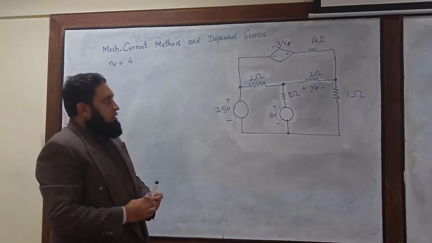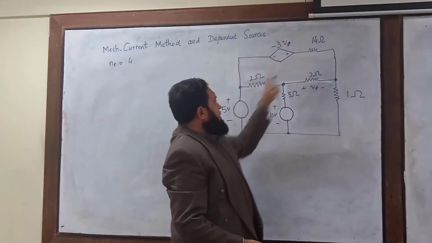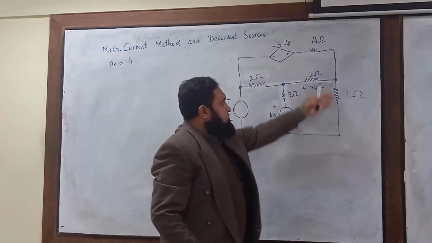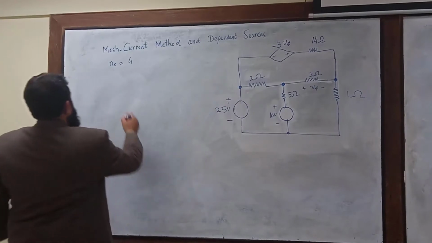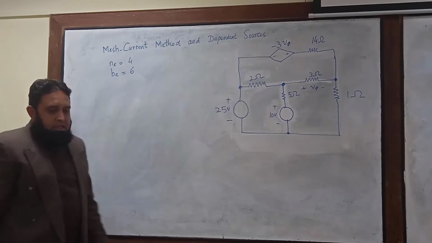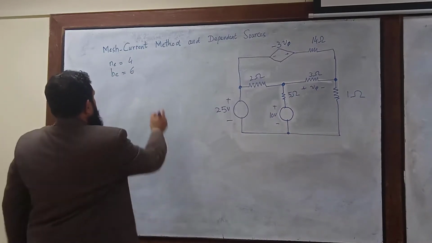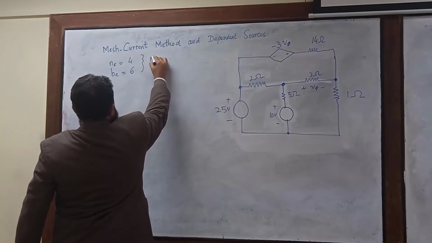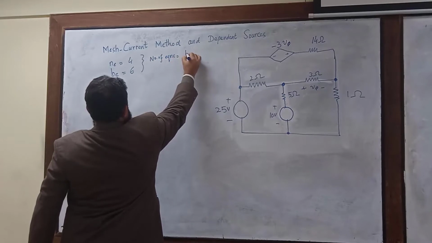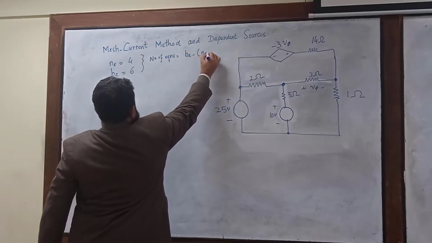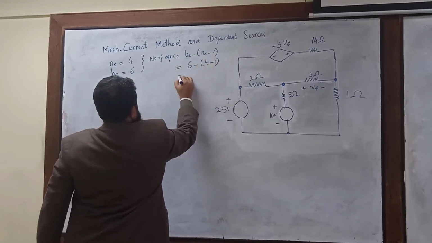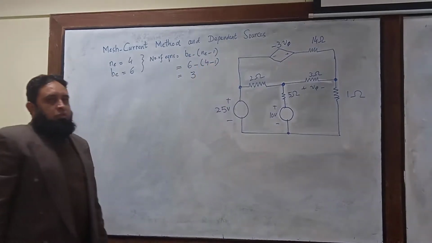Essential branches: branch number 1, 2, 3, 4, 5, and 6, so we have 6 essential branches. How many equations do we have? Number of equations is BE minus NE minus 1, so 6 minus 4 minus 1, which gives 3 equations.